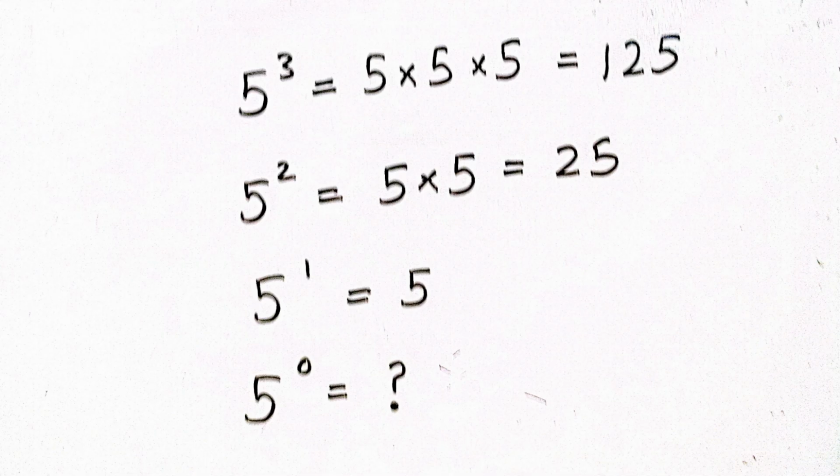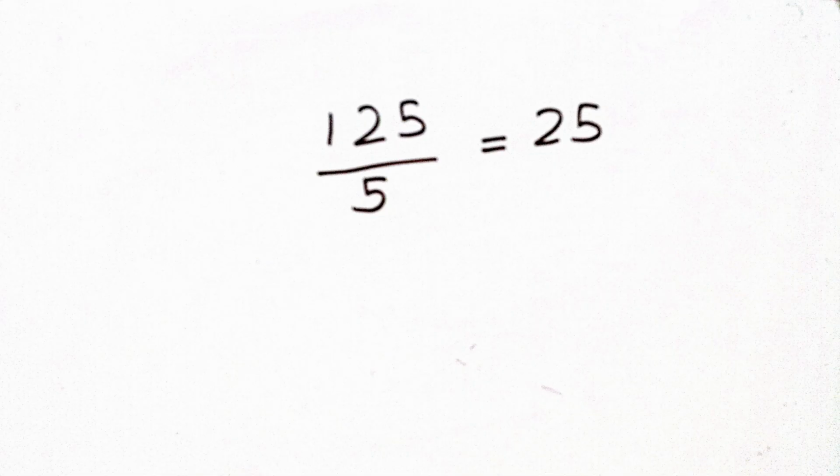Now, I noticed a pattern here. 5 raised to power 3 technically means three fives multiplying with themselves, which equals 125. In the same way, 5 raised to power 2 means two fives multiplying by themselves, which equals 25. If you have to go from 125 to 25, you have to divide by 5.